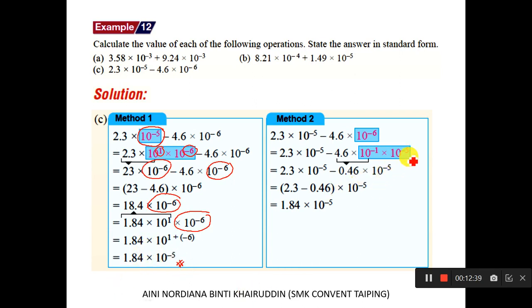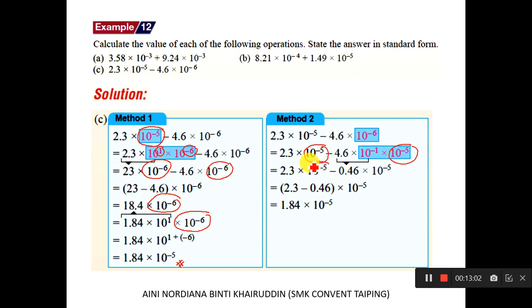For the second method, we change 10 to the power of negative 6 to this number so that we have this value equal with this value. Okay, so 4.6 times 10 to the power of negative 1 equals 0.46.